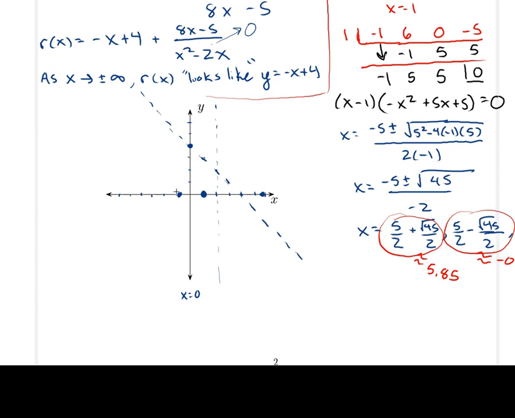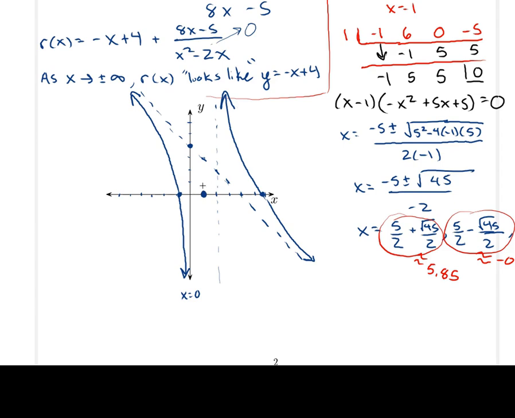So that means I know that I've got to do something like this. And then as I get close to x equals 0, I've got to approach the vertical asymptote. So this has to then go through here on this side of the 0. Over here, again, as x gets really big, I've got to approach this asymptote. So that means this one's got to be down here in the negative. And then this one has to approach that vertical asymptote, so it's got to look like that.